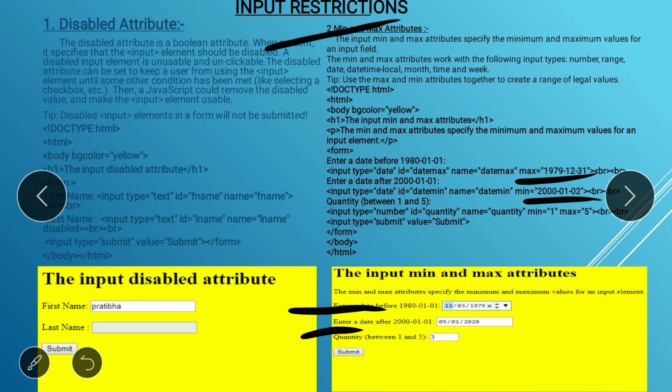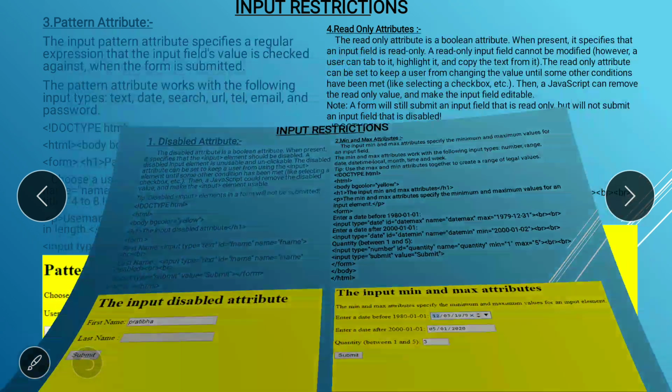Okay, and the number and submit is the optional part, but in these two controls, like date, you can see the min and max attributes. So I hope everyone got it very clearly. Okay, and you have to run this program, then you will definitely get a clear idea.